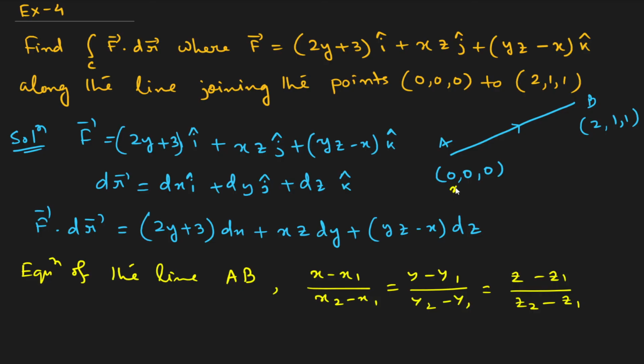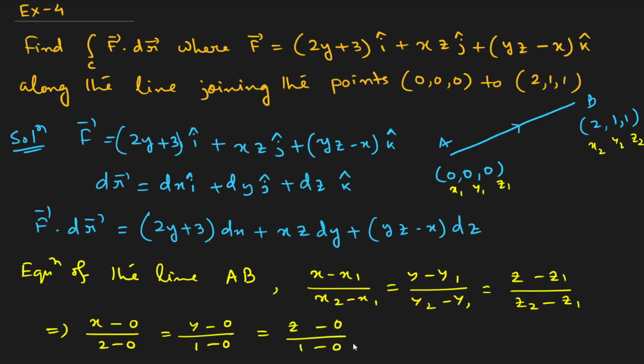So this is our x1, y1, z1, and these values are x2, y2 and what? z2. So we have to put these values in the equation. It will become x minus 0 divided by 2 minus 0, y minus 0 divided by 1 minus 0, z minus 0 divided by 1 minus 0.